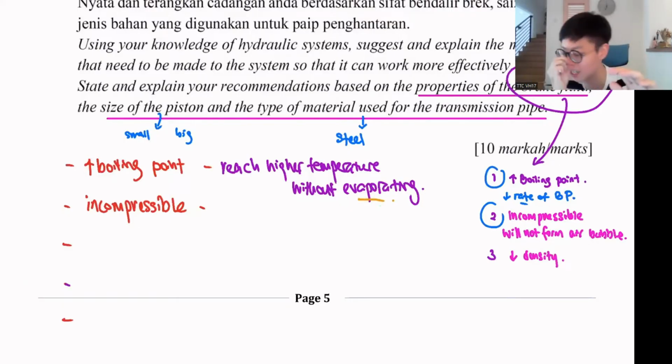I think volatile means it will evaporate at room temperature, but I think the word evaporate has a higher chance of coming up in the mark scheme, which means that they will match the scheme. So if you ask me evaporating or volatile, I would say evaporation is a better answer. Because volatile means it will evaporate at room temperature, so that means that the boiling point is too low.